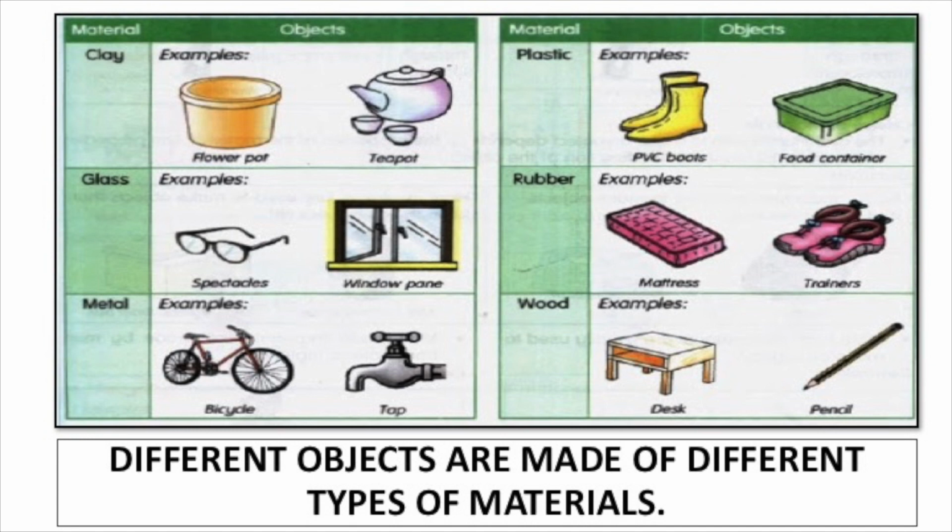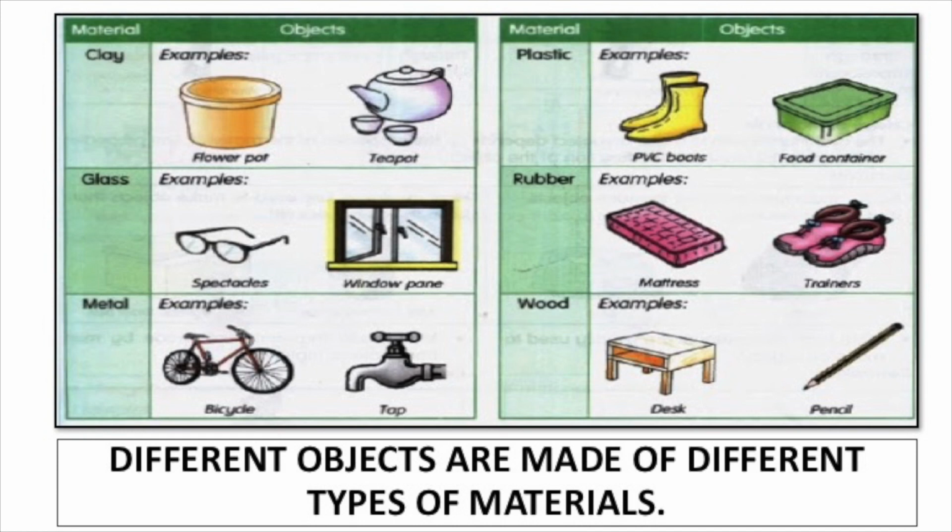So here we have the 6 different materials. Clay, flower pot, or teapot. Yes, they're examples of things made from clay. Glass, spectacles, or window. Yes, windows are all made from glass because they are good for looking through.